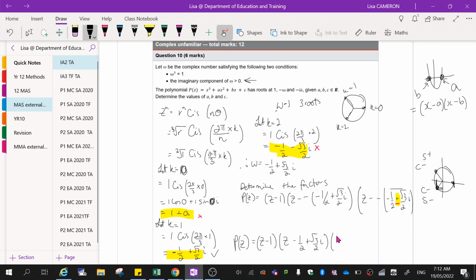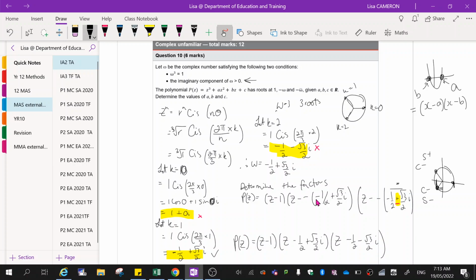Then it'll be z, this will turn into a minus here, so then this will be a plus, so it'll be z minus a half minus root 3 on 2i.